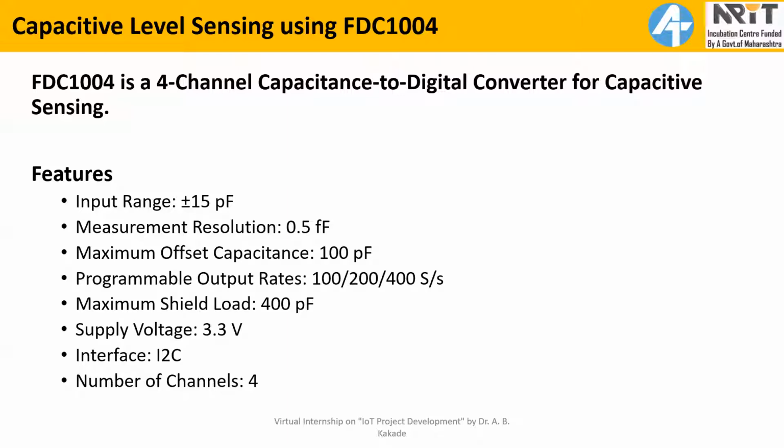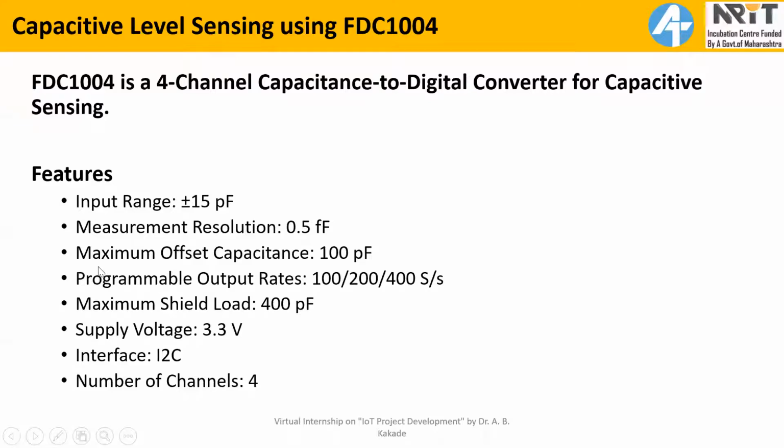So capacitance of cable and capacitance of sensors without physical quantity under measurement is called offset capacitance. For example, the coaxial capacitor I discussed for level measurement of fuel. So this coaxial capacitor without any fuel inside it has capacitance. So that capacitance is called offset capacitance, because offset capacitance usually remains constant. It does not change with quantity under measurement.